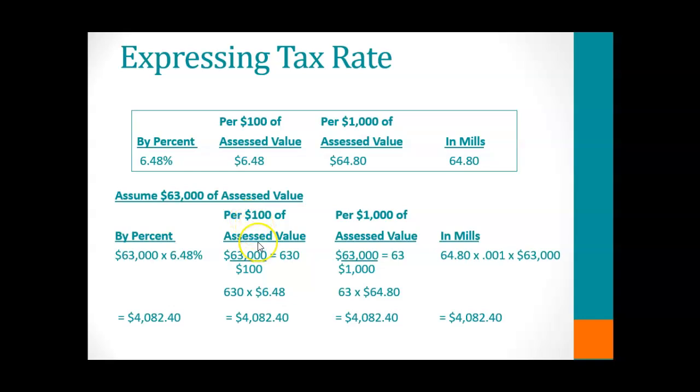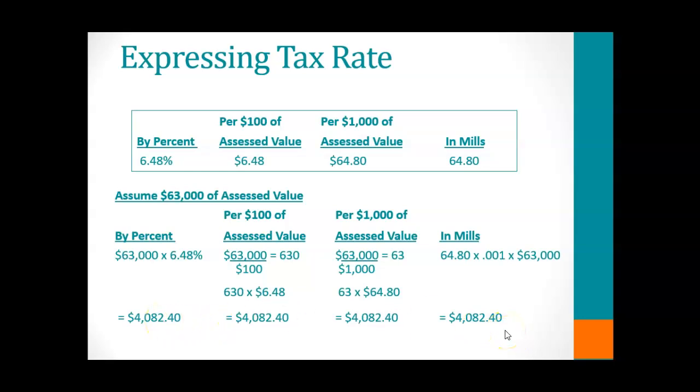If we did it as per 100 of assessed value, 63,000 divided by 100 gives us 630. Take it times 6.48, $4,082.40. If you do it per 1,000, 63,000 divided by 1,000 is 63 times 64.80, $4,082.40. Or in terms of mills, it's 64.80 times 0.001 times 63,000, $4,082.40. So again, the property tax amount is going to be the same.